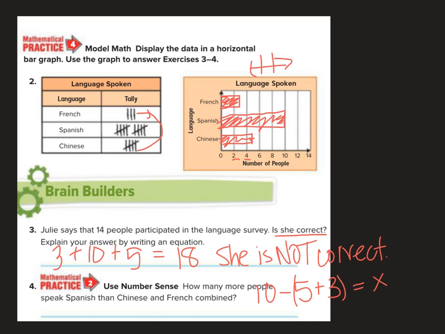Equals our unknown. So first I'm going to do parentheses and get 8. Have 10 minus 8 equals x. 10 minus 8 is 2. So there are 2 more people that speak Spanish than French and Chinese combined.